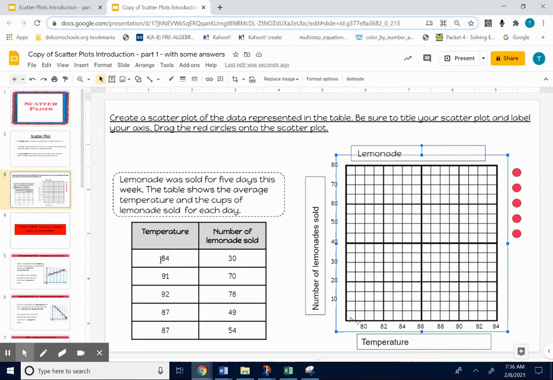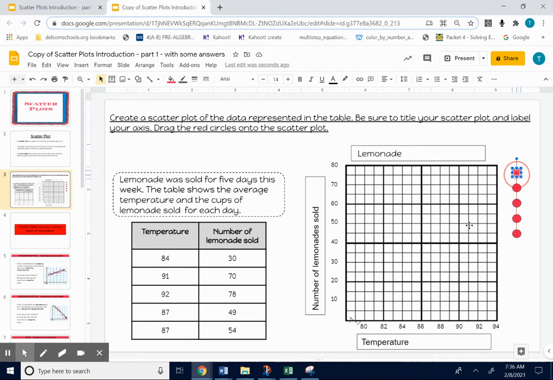Okay, let's see here. 84 degrees, 30 lemonades sold. So I'm going to go to 84 degrees, and I want to put a point at 30 lemonades sold. Okay, 91, 70. I'm going to go to 91 degrees on the x-axis, up to 70 on the y.